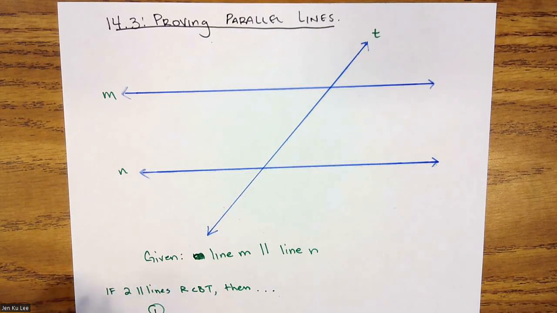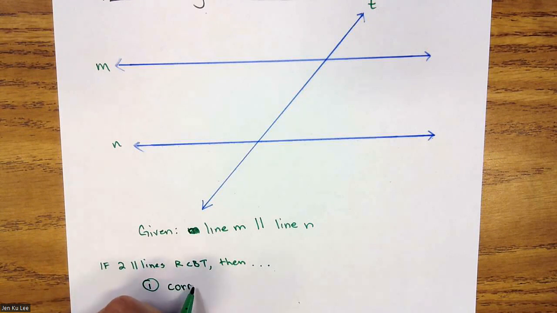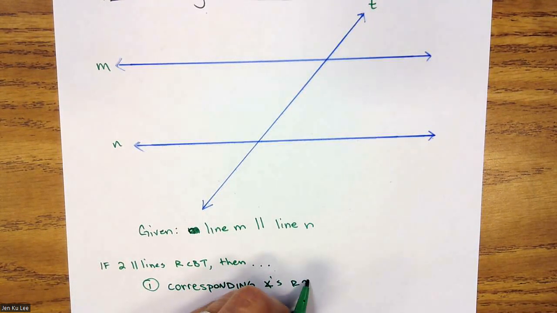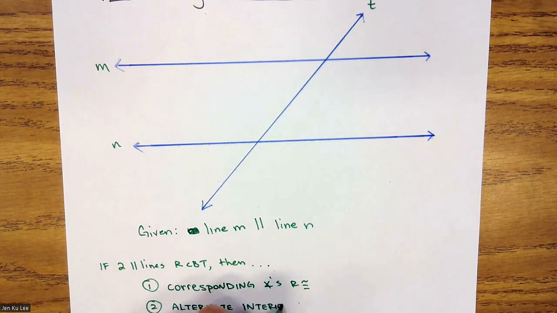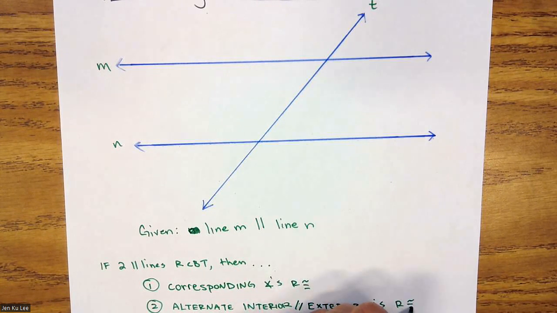The first rule was if two parallel lines are cut by a transversal, then corresponding angles are congruent. The second one was alternate interior or exterior angles are congruent.